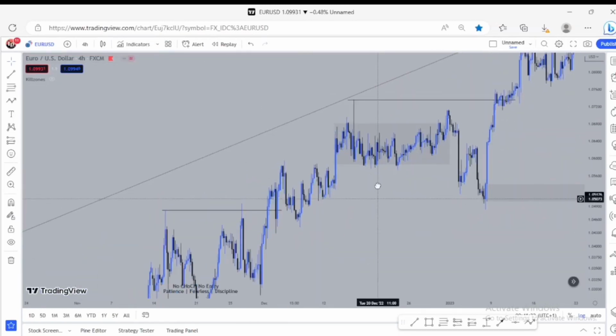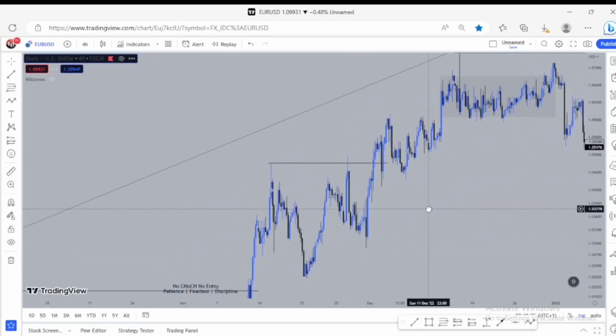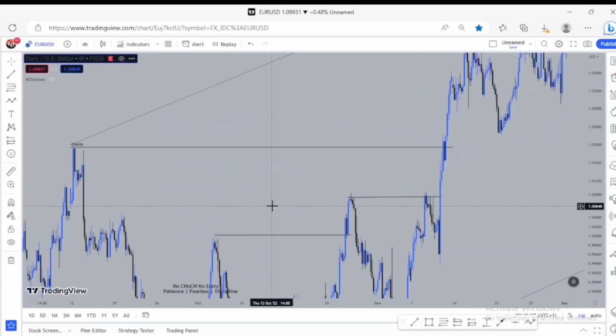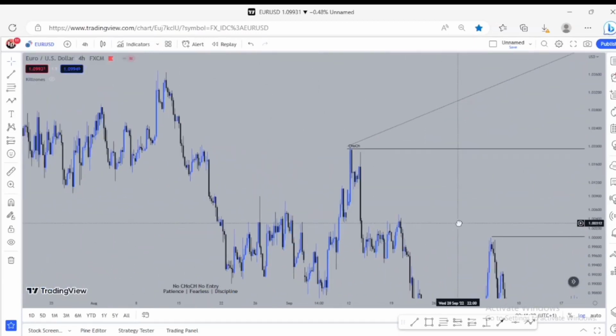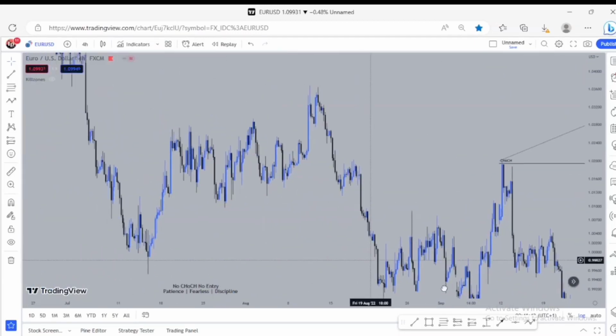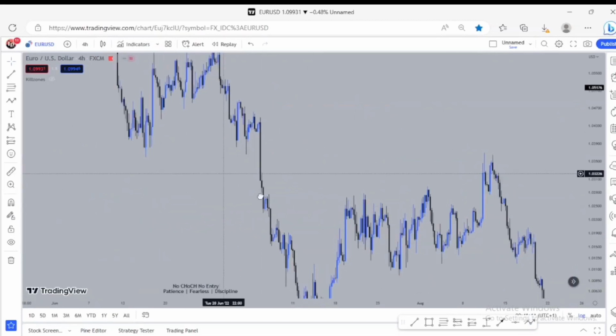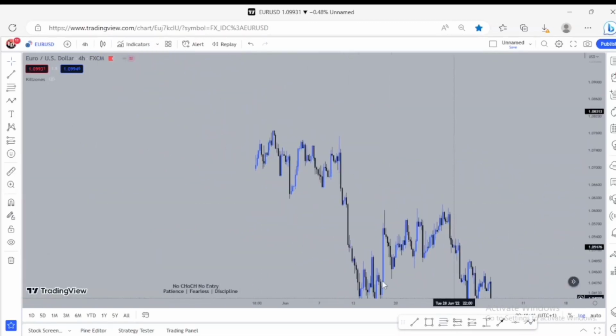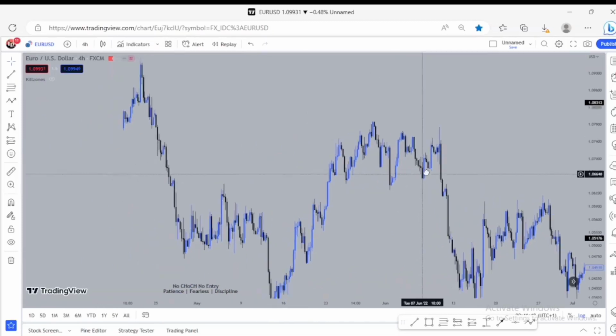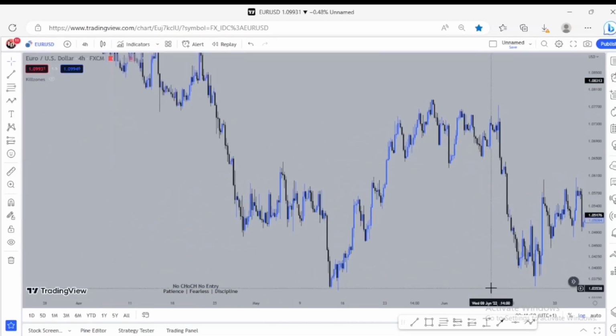I have to look for a good example of a ranging market so that I can show you guys more of it. If I get one, I will show. Okay, here is a new example. This is also a ranging market.